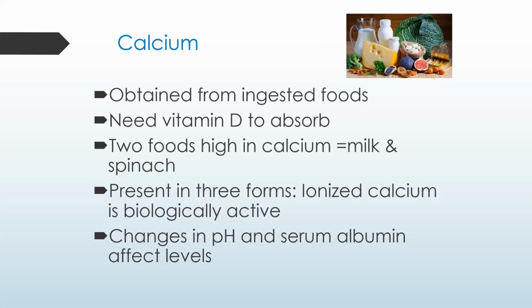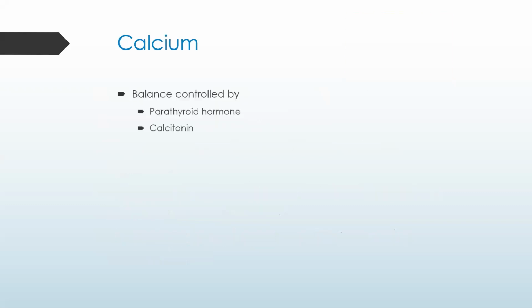An increased plasma pH, or alkalosis, increases calcium binding, leading to decreased ionized calcium. Alterations in serum albumin levels affect the interpretation of total calcium levels. Low albumin levels result in a drop in the total calcium level, although the level of ionized calcium is not affected.